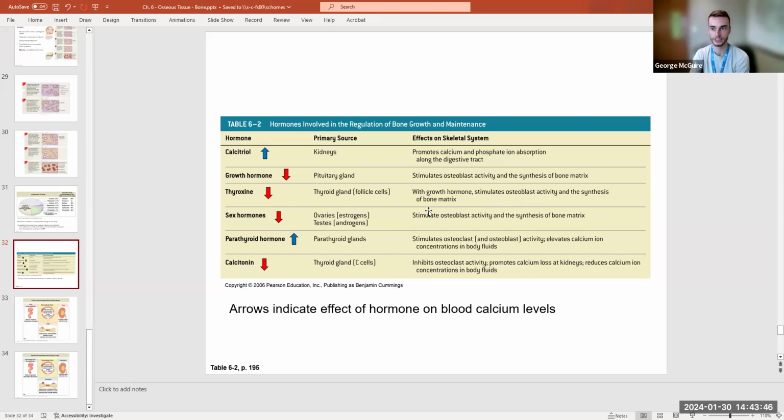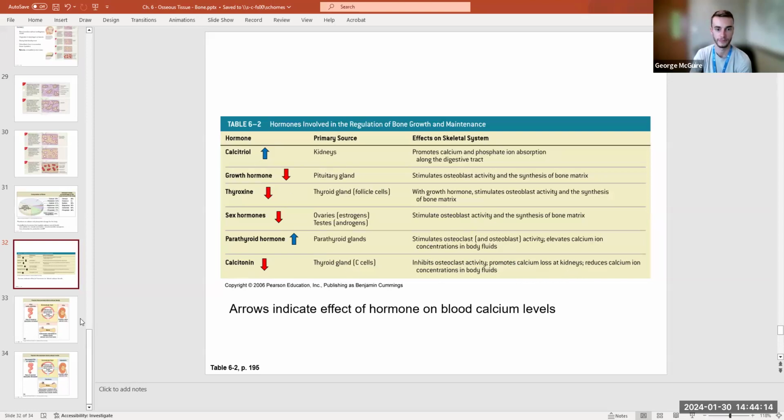Our sex hormones also stimulate osteoblasts to help with growth. We already talked about parathyroid hormone. And so lastly, calcitonin, rather than just stimulating the osteoblasts, which are going to create more matrix, they actually actively inhibit the osteoclasts, which would be breaking down that bone matrix. They also promote calcium loss at the kidneys and reduce overall those calcium ion concentrations.